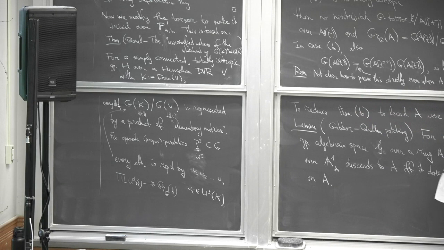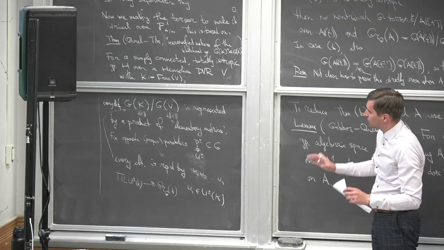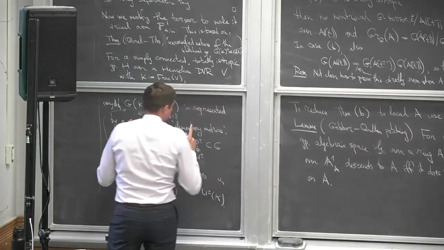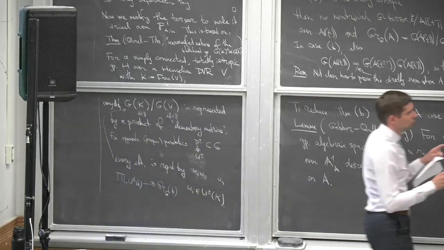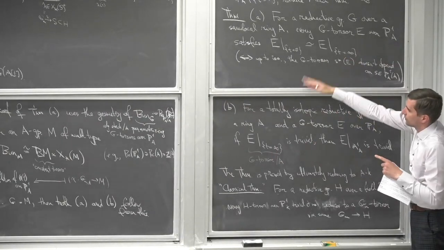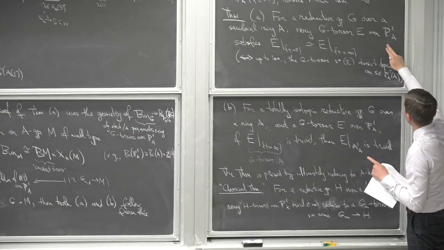Okay, so what's the point of this theorem for our purposes? Well, we have our torsor E over P1 of a local ring, or semi-local ring, but after a reduction we can assume it's local.